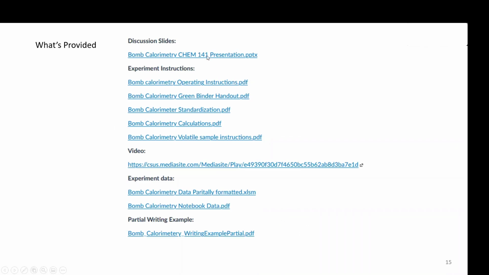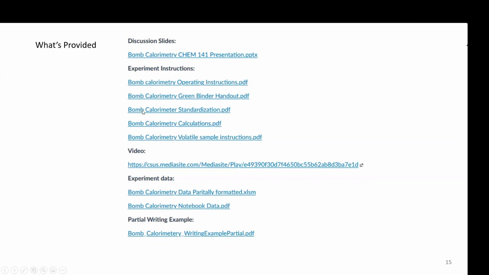On Canvas, we'll have these presentation slides, and there are experiment instructions. There are bomb calorimeter operating instructions. And this one, the second one, is the green binder handout that includes all the calculations you will use in your experiment. And equations 3-1, 3-2, and 3-15 are in this handout, okay?